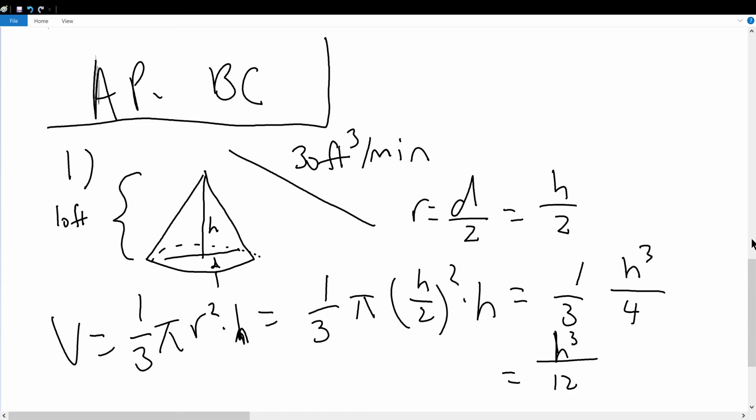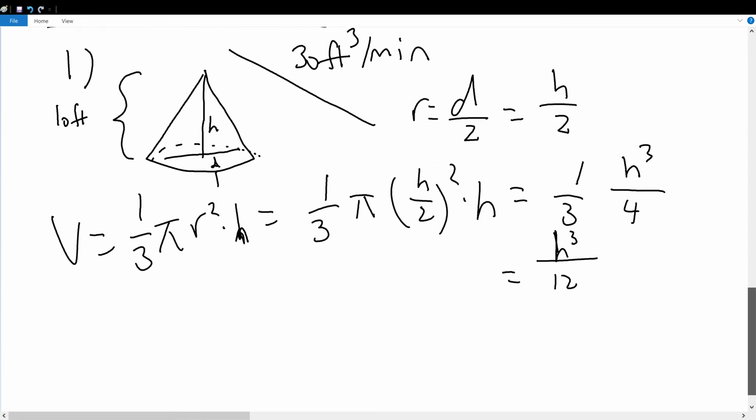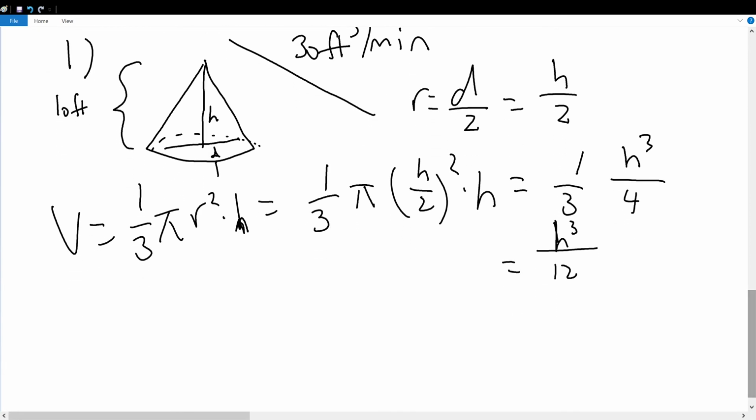Right, now that we have the volume of the shape figured out, we're going to take the derivative of it on both sides with respect to t, so dV over dt, to figure out the rate that the pile is increasing.